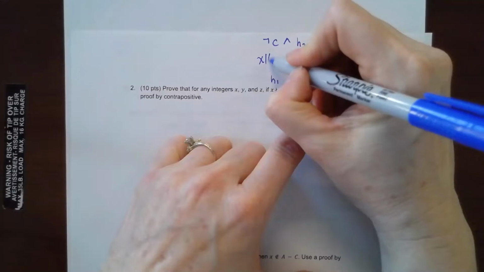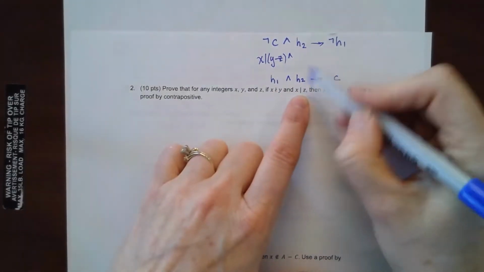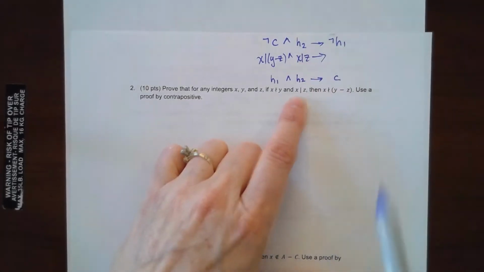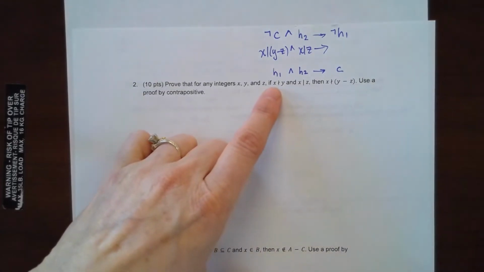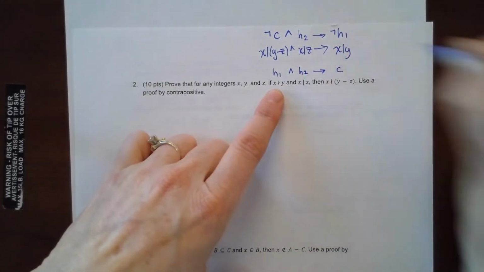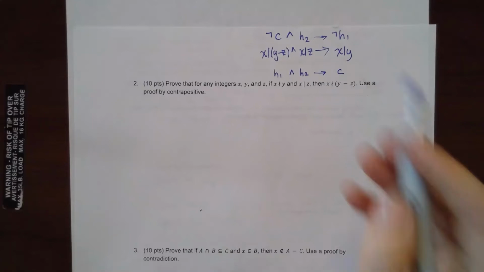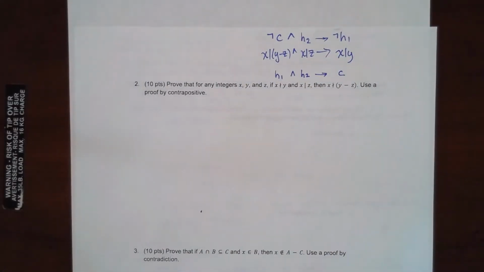So I'll have x does divide y minus z here. H2 is already this nice x does divide z statement. And when I negate hypothesis 1, the negation of x doesn't divide is x does divide. And now everything's written in the affirmative, and it's so much easier to work with, right? So that is my contrapositive, and that's what I want to do.